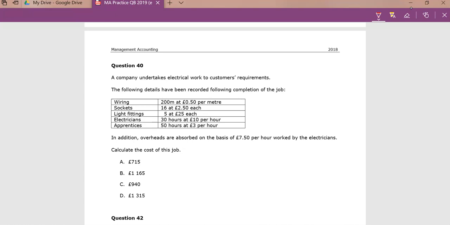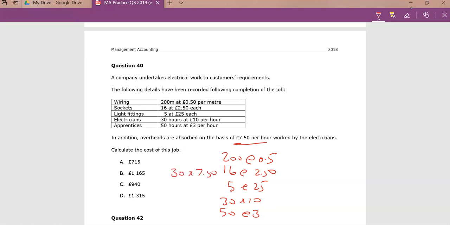The cost of this job would be 200 at 0.5, 16 at £2.50, 5 at 25, 30 times 10, 50 times 3, and then overheads are absorbed at £7.50 based on the electricians' hours, 30 hours, so add on 30 times £7.50. We need to add all this together, and I don't think you'll struggle with that. It should take you to 940.